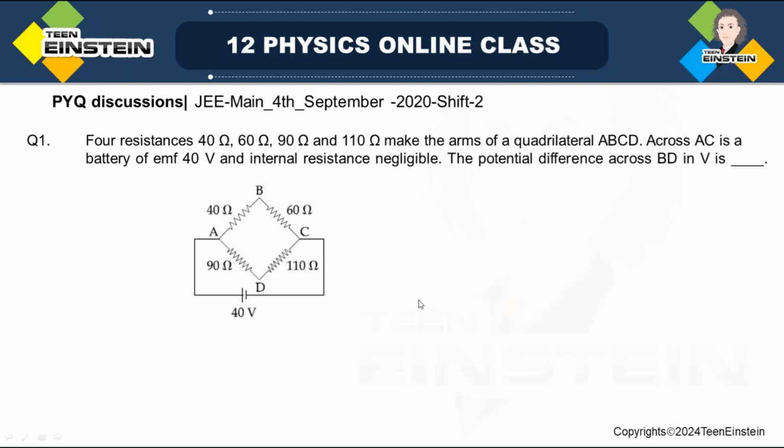Very good evening, students. Today we will be completing this 4th September 2022 Shift 2 paper, and by that we will actually complete the whole JEE Main, like all the papers in this session, September.